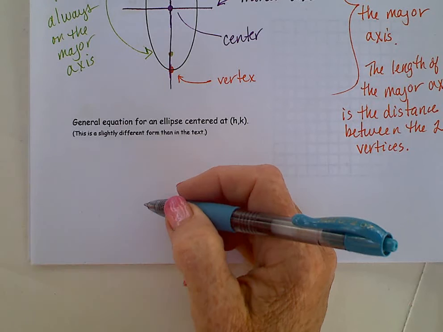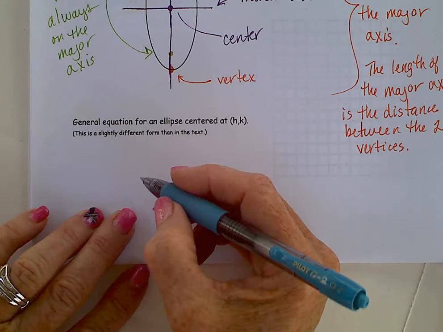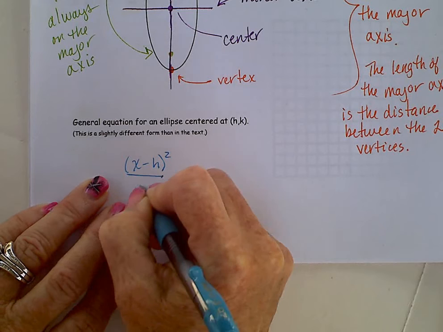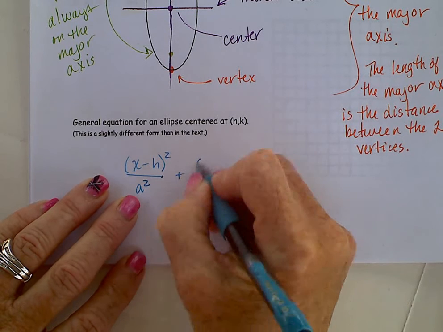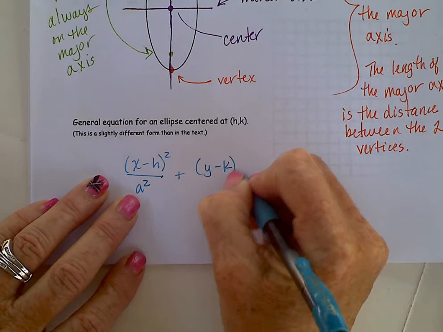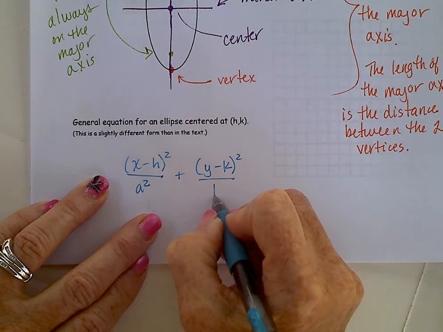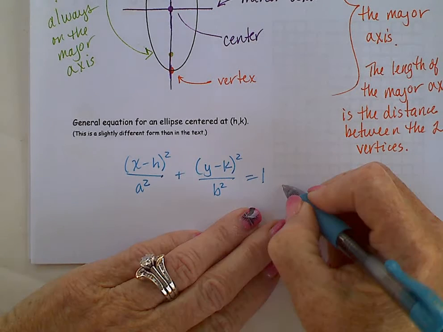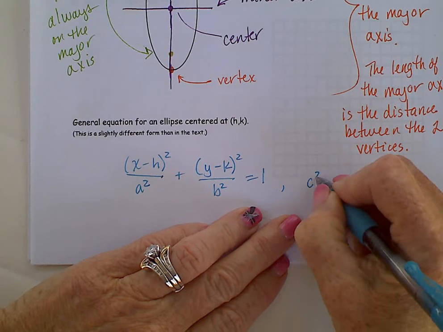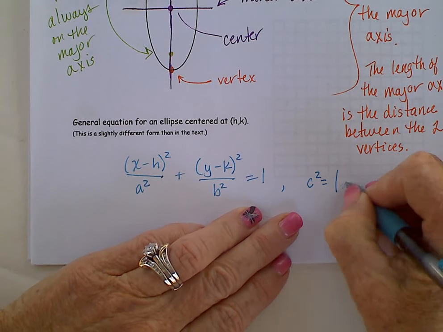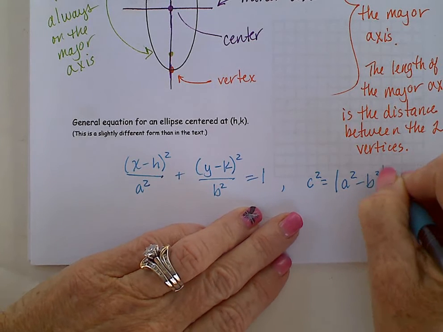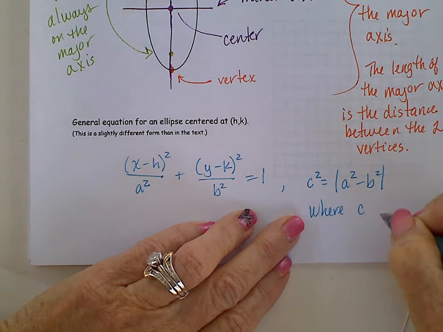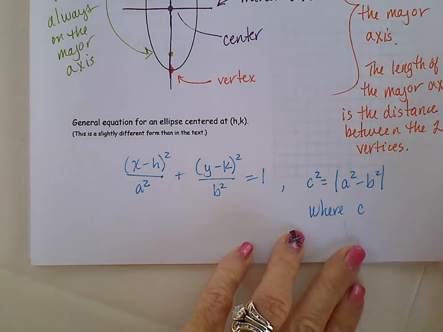The general form looks like this: (x minus h) squared over a squared plus (y minus k) squared over b squared equals 1. Additionally, c squared is the absolute value of a squared minus b squared, where c is the distance from the center to the foci.